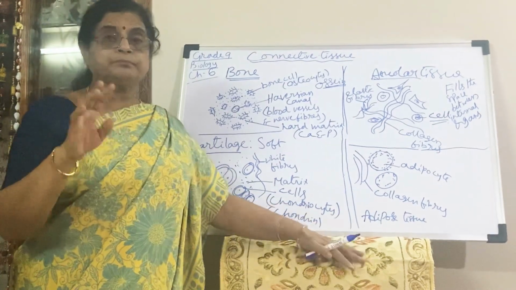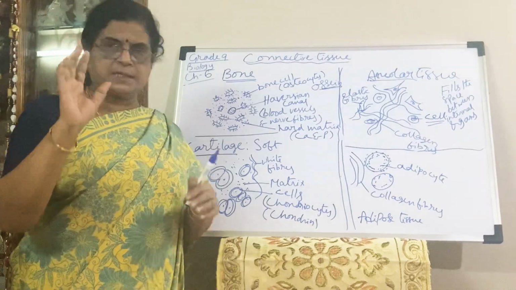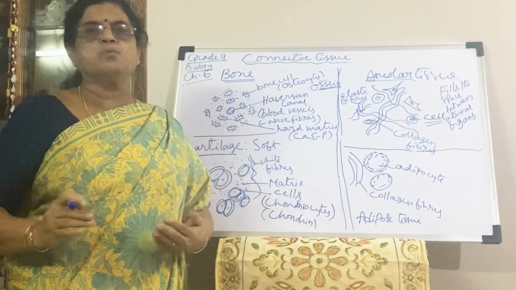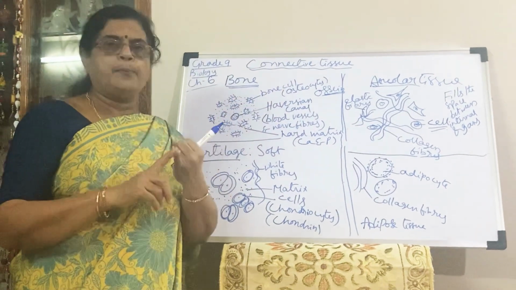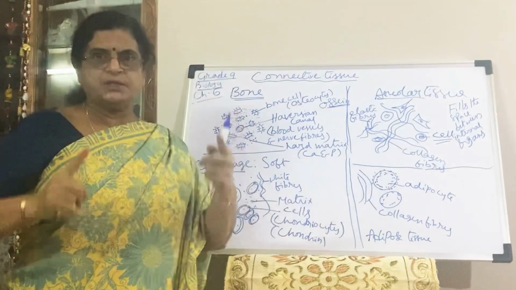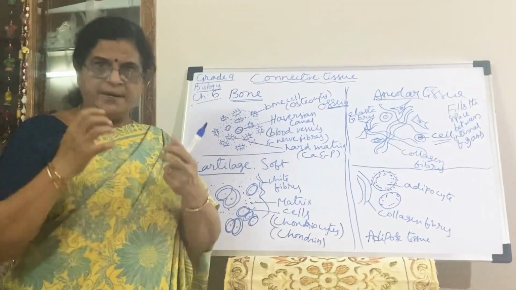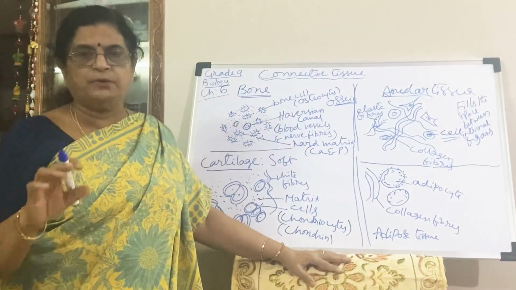We know that in the human body we have 206 bones throughout our body, and the bones give support. It is the framework of the body, giving shape, support and strength. So what is a bone? Bone is a connective tissue.